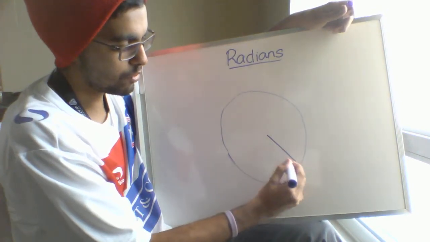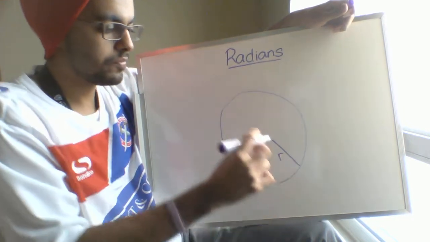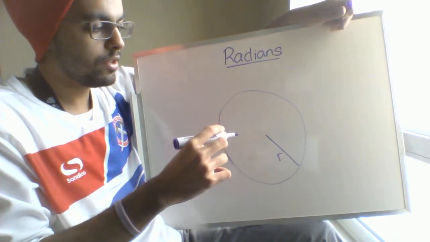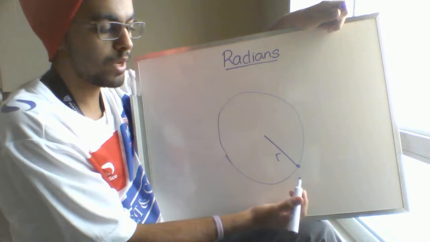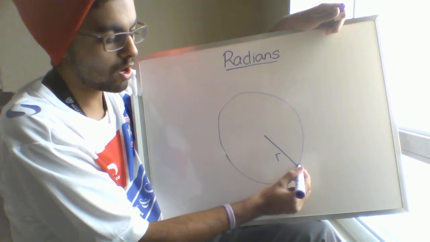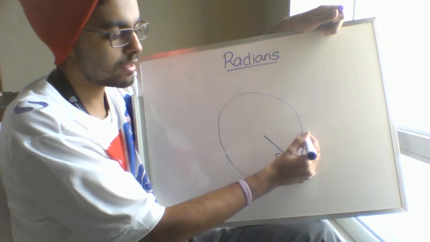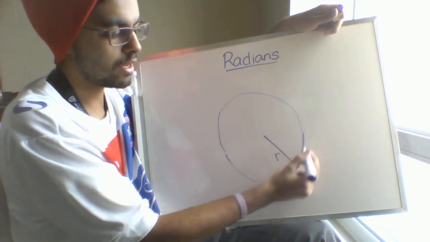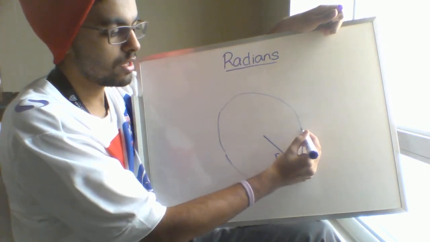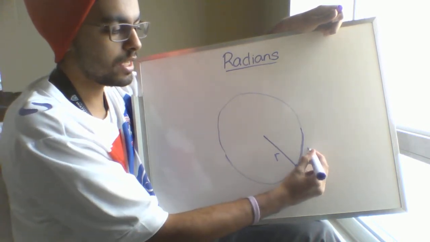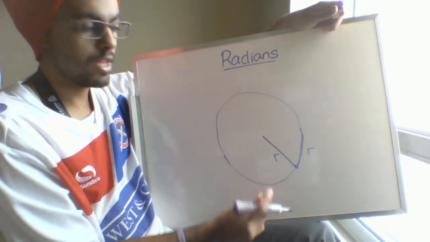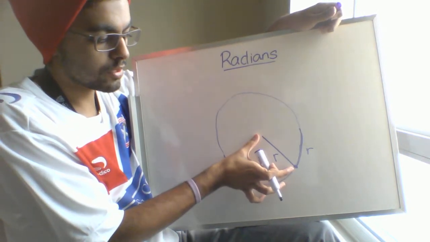Now, if you start at a point down here, you can pick any point to start, and you draw an arc along the circle so that the length of this arc is equal to the radius. That is, if you measured this with a ruler, this would be r.